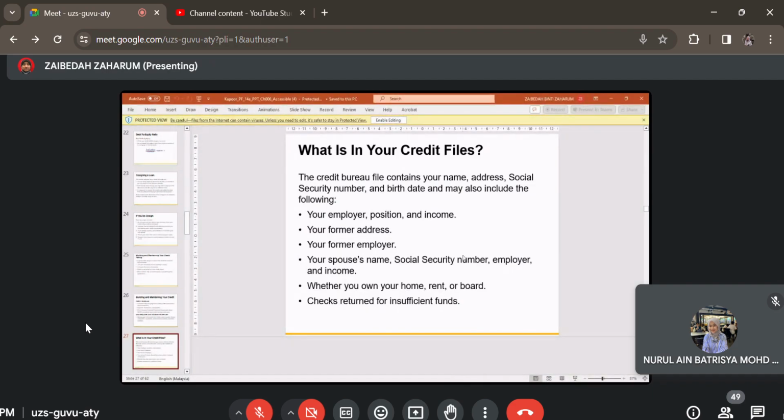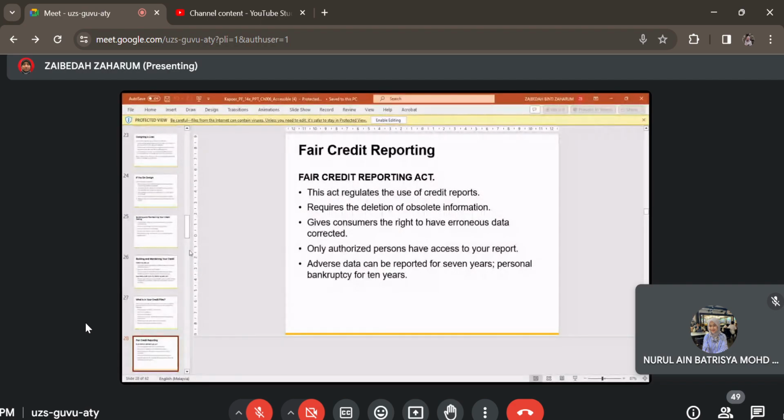Keperluan credit report ni lah. Iaitu macam institusi kewangan. Institusi kewangan memerlukan credit report ni tadi untuk menilai creditworthiness pelanggan dia dan untuk membuat keputusan lah dari segi pinjaman yang dipohon. So dari laporan kredit ni tadi, institusi kewangan tadi boleh menentukan risiko kredit yang berkaitan dengan memberi pinjaman kepada individu ataupun syarikat tertentu.